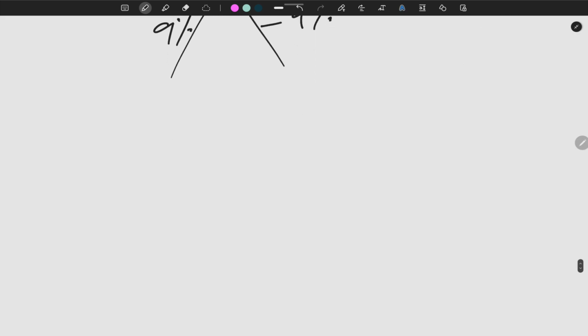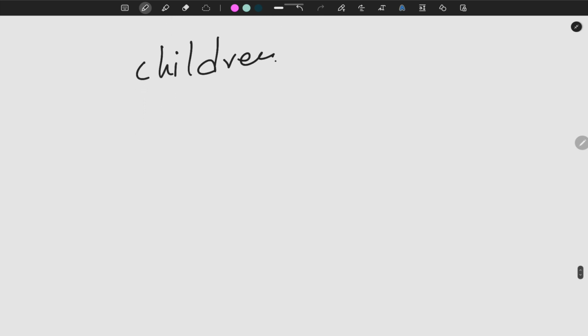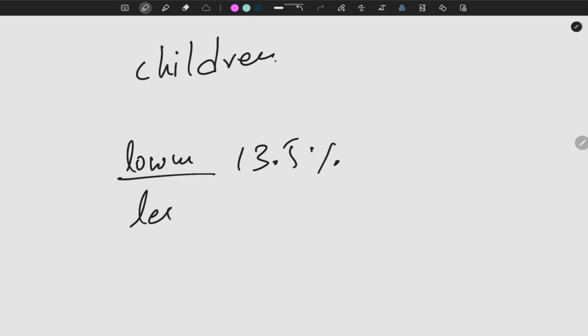Okay, so the next one is the children. So in the case of children, everything is normal, but only lower limbs are involved, 13.5%, that is nothing but legs.